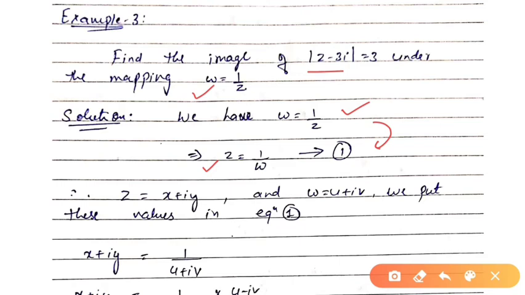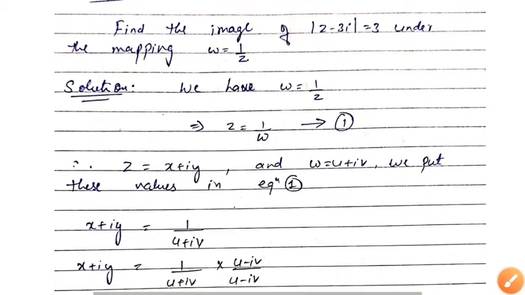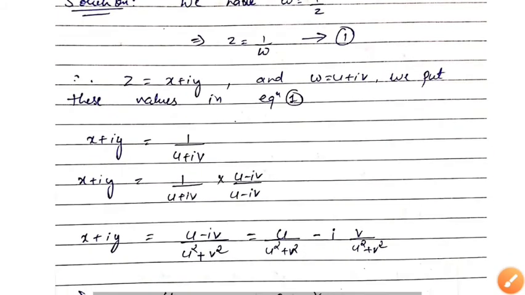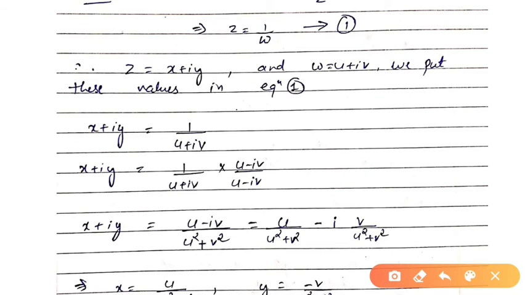Now we know that z equal to x plus iy and w equal to u plus iv. Now we will put these values in this equation number 1. So I am putting z equal to x plus iy and w equal to u plus iv in this equation.